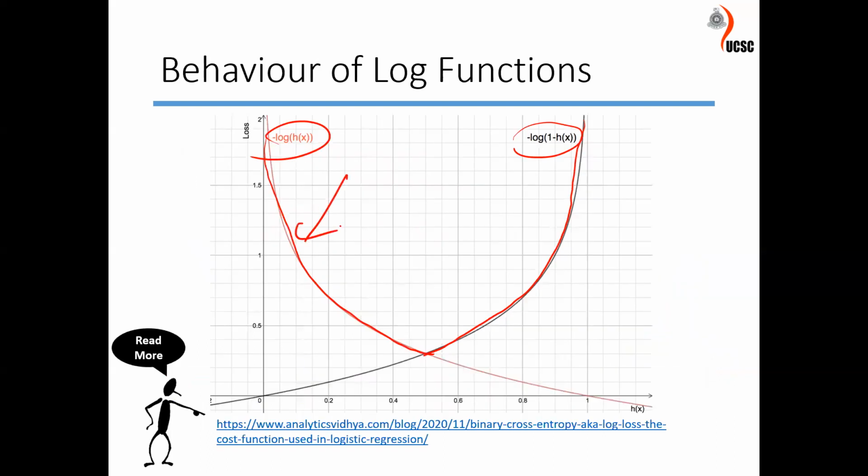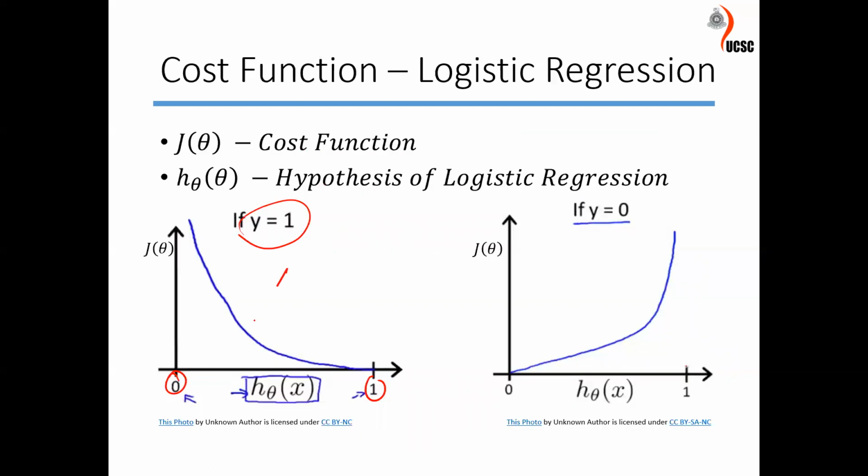That means this one. You can see if our y equals 1, our cost function is getting reduced. So if it hits 1, in that case, the cost will be nearly 0.